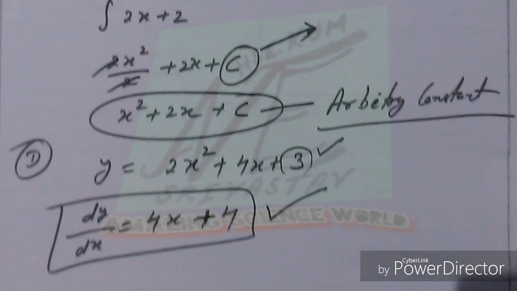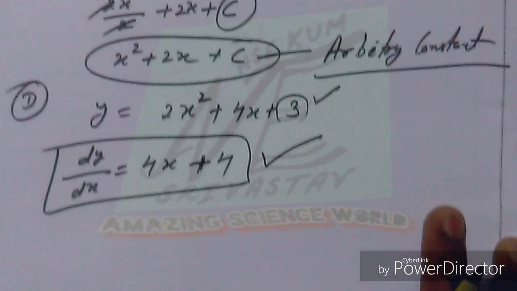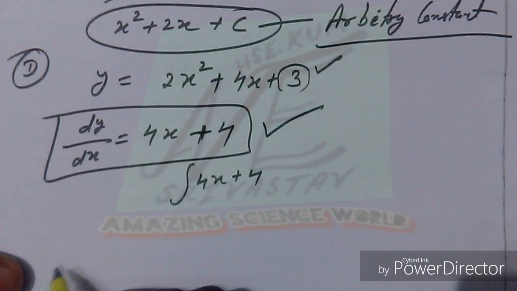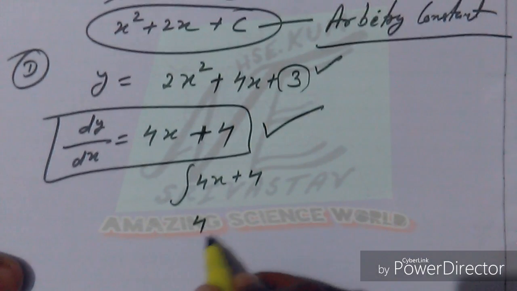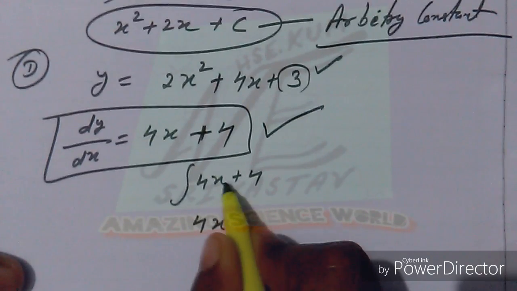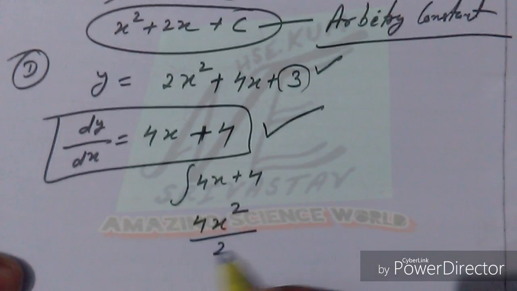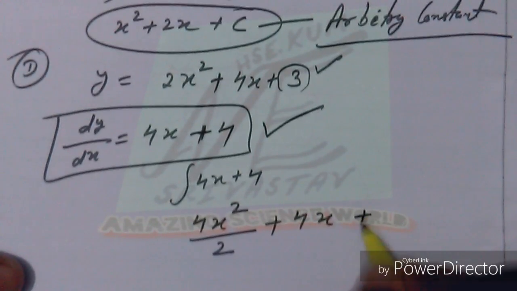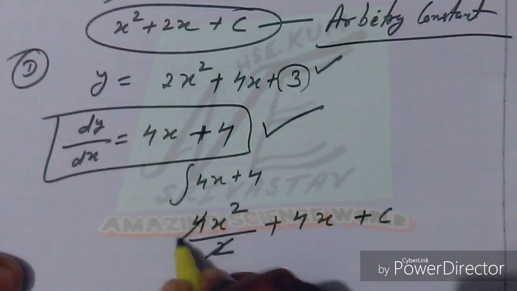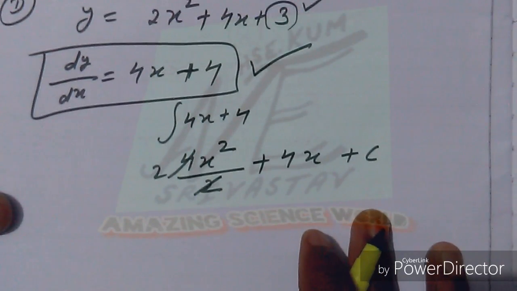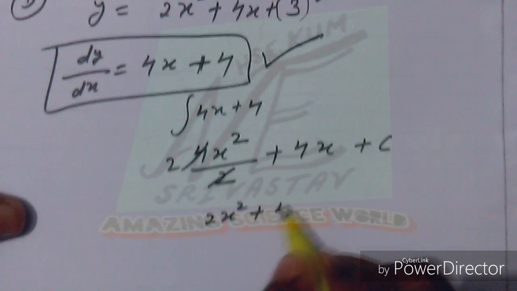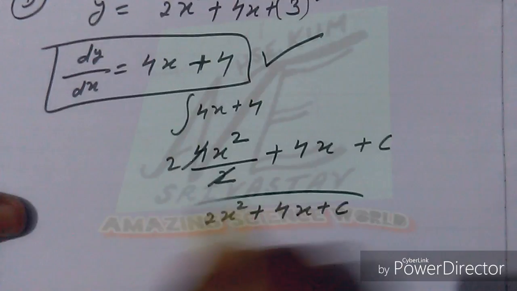And now we integrate this equation and see what comes. Now 4x plus 4, we integrate it: 4x to the power 1 plus 1, that is 2, divided by 2, plus 4x plus c, and that gives 2x square plus 4x plus c.